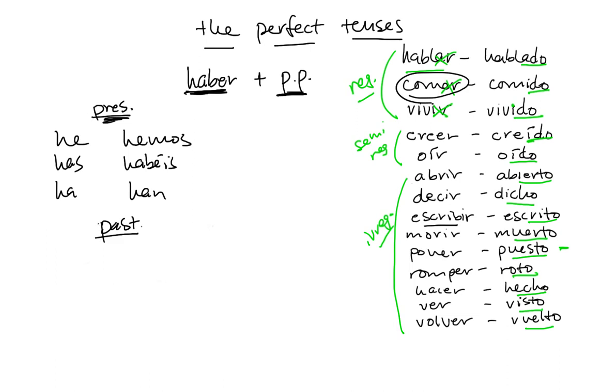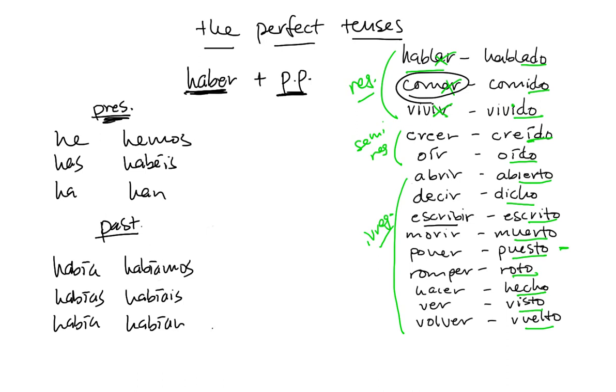So if we wanted to do the past perfect, or in some books you'll see this referred to as the pluscuamperfecto, we use the imperfect conjugation of the verb haber. So we get había, habías, había, habíamos, habíais, and habían. Again, we combine this with a past participle and we get the past perfect.